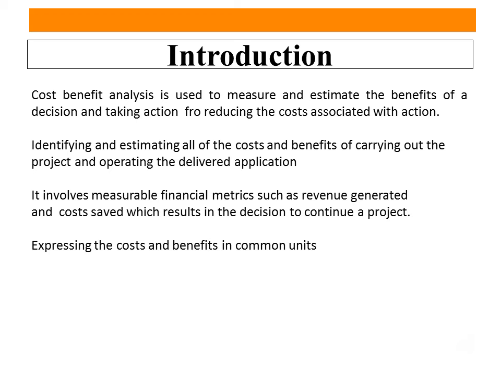We discussed in our previous lecture that metrics are measurement methods used to calculate the cost, effort, time and development for the preparation of the software product. Hence, cost saved results in the decision to continue a project, expressing the costs and benefits in common units.